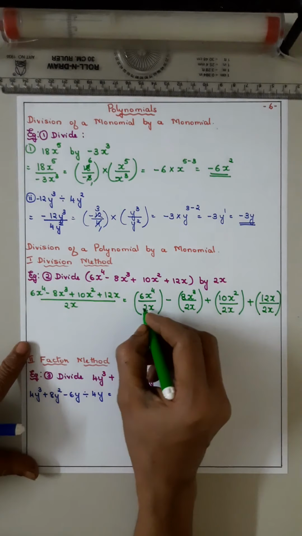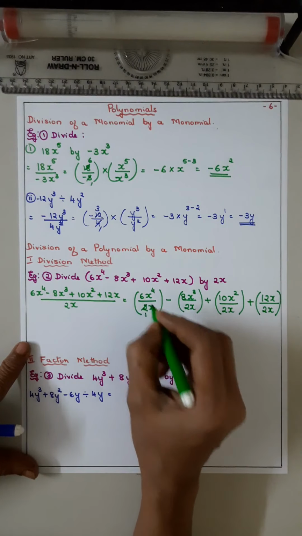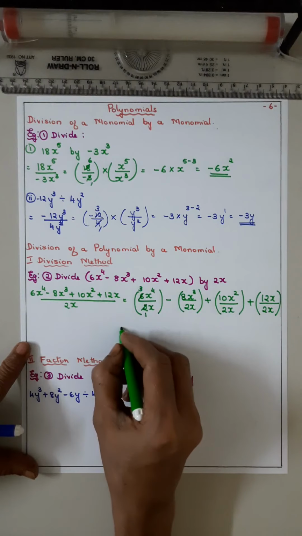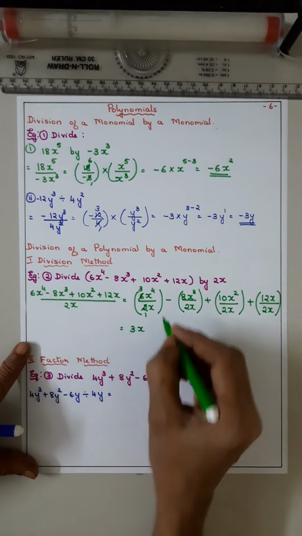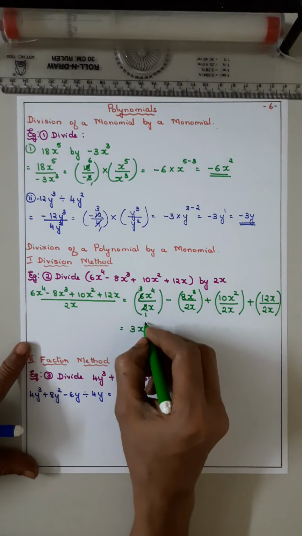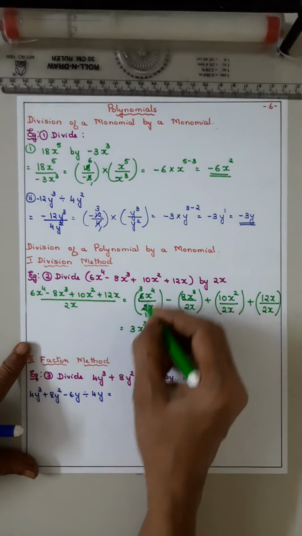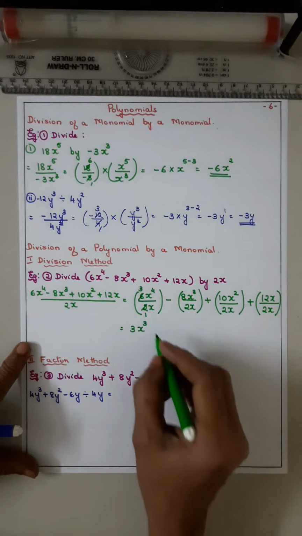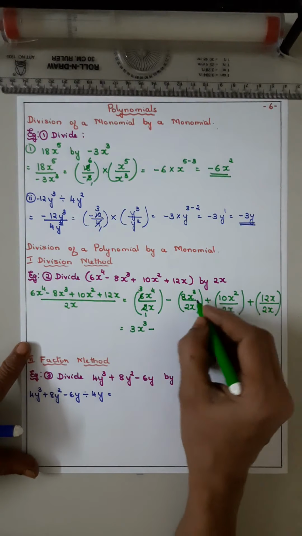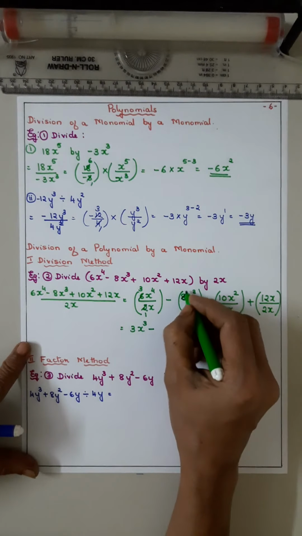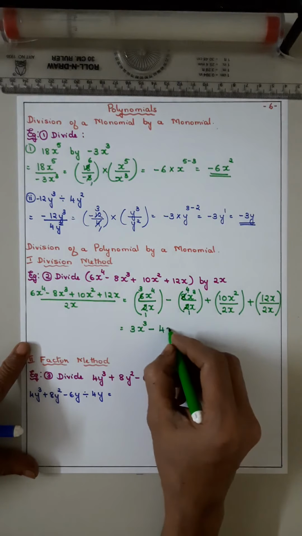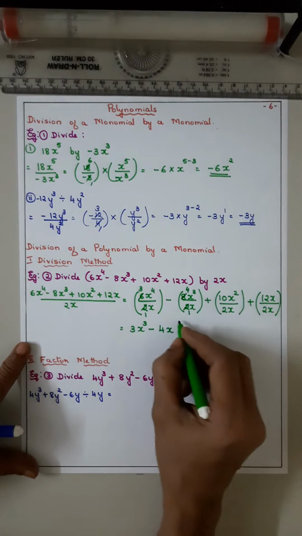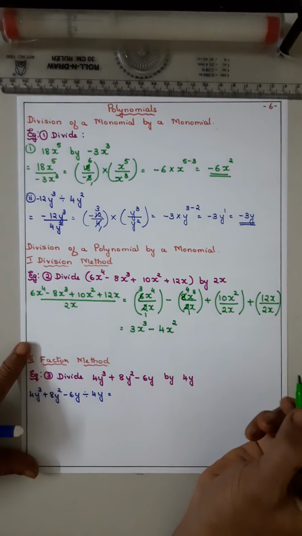Now 2 ones are 2, 2 threes are 6, so you got 3. Now x to the power 4 minus 1 means x cube. The sign is minus: 2 twos are 4, write 4, x to the power 3 minus 1, that is 2.